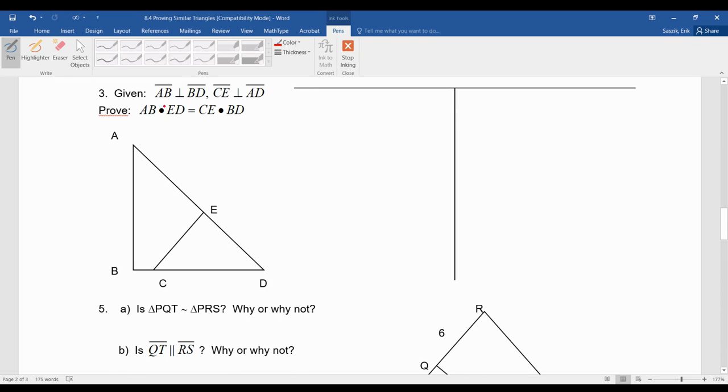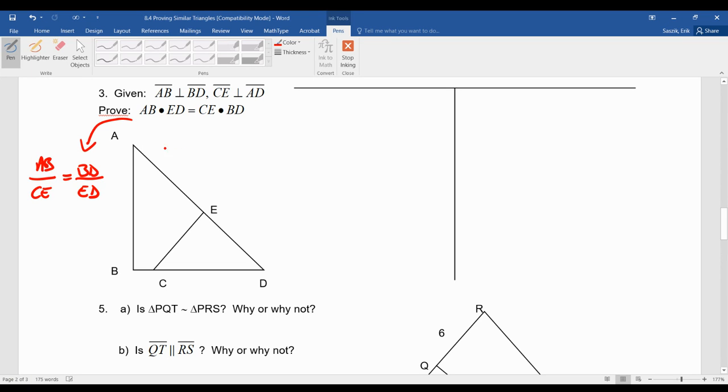So you see these dots here. So that's just multiplication. What I would suggest is, kind of off to the side, write down the proportion that this maybe came from. So you see AB times ED. That means ED would be over here. Okay, these two things.